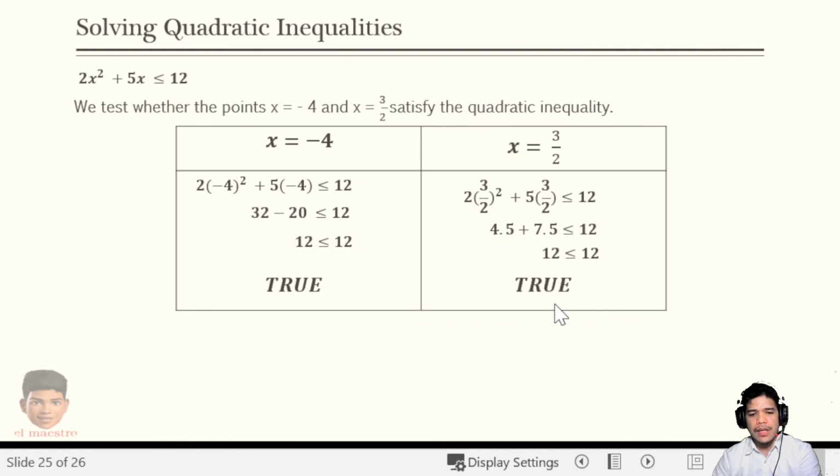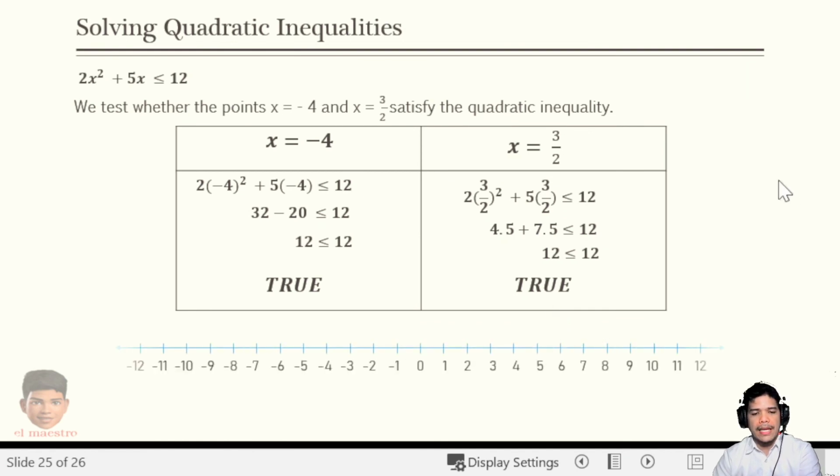Okay? So next, plot natin ngayon, ilalagay natin yung dalawang x na na-solve natin. Region 1. Is region 1 true or false? According sa na-solve natin, di ba false? So wala tayong ilalagay dyan. How about region 2? True or false? True. True yung na-solve natin kanina, right? So, lalagyan natin yan ng black line.